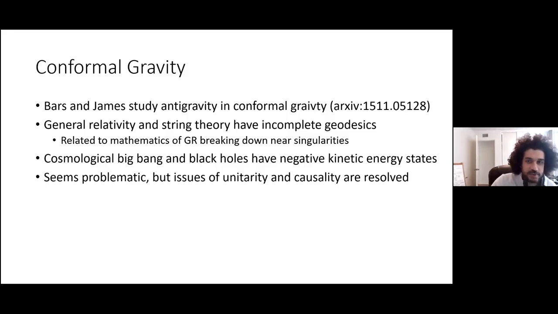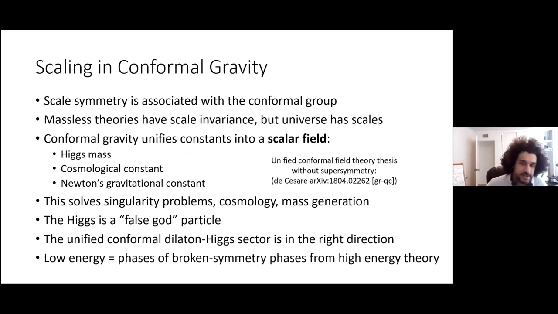And this will help with a lot of issues with cosmology. But they also have discussed anti-gravity in this theory. And this theory makes it easier for types of anti-gravitic effects. And a lot of people thought that this would be problematic due to issues of unitarity and causality, but they fixed those problems.